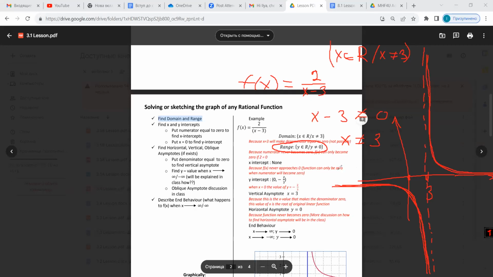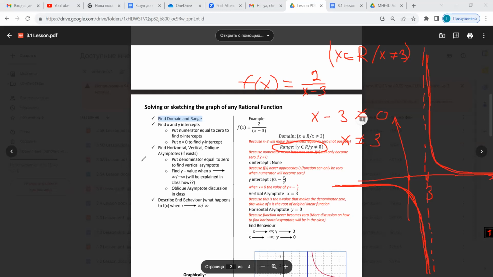In this particular example, the horizontal asymptote is y equals 0, so y does not equal 0 at all, as well as x does not equal 3 at all. We should find horizontal, vertical, and oblique asymptotes if they exist.